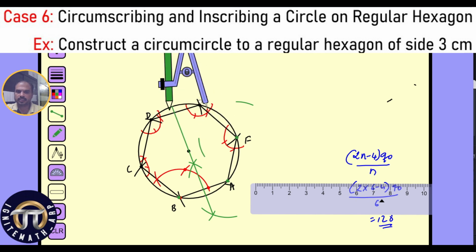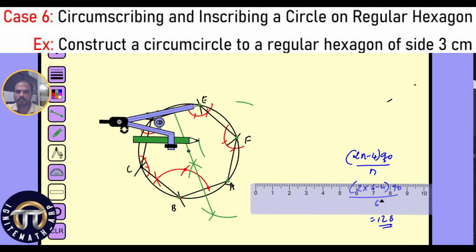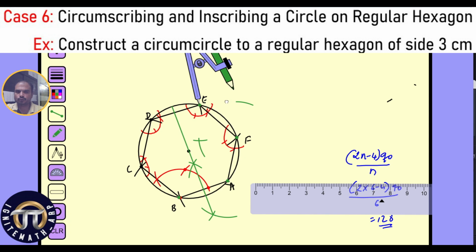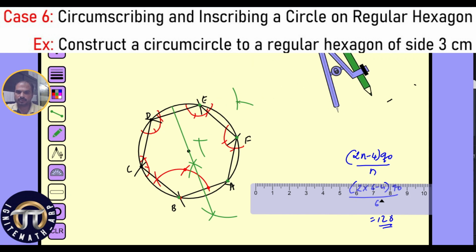Later lift the compass and keep it at E, then cut the arcs you have drawn. 4 marks, children, no more tricks, nothing, you only have to be good in the construction of these perpendicular bisectors, then angles and all.